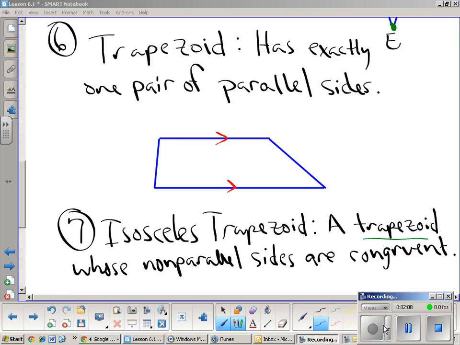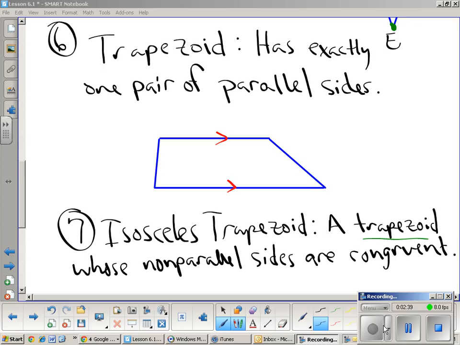Okay, two more. A trapezoid has exactly one pair of parallel sides, and an isosceles trapezoid, which I'll slide up in just a minute, is a trapezoid with non-parallel sides that are congruent. There's two types of trapezoids here.